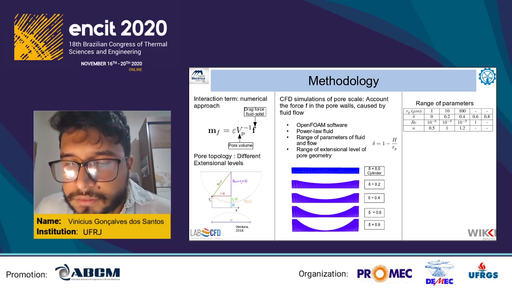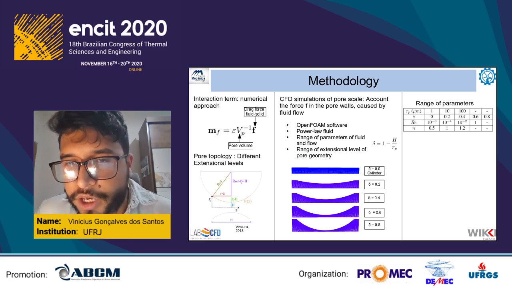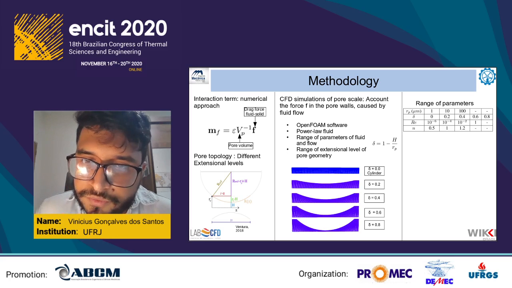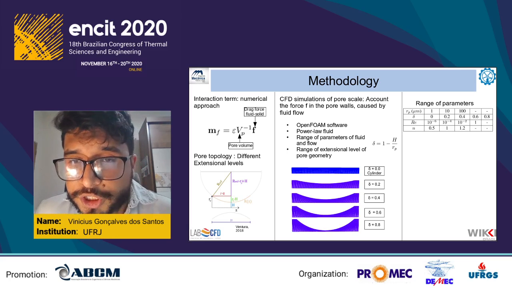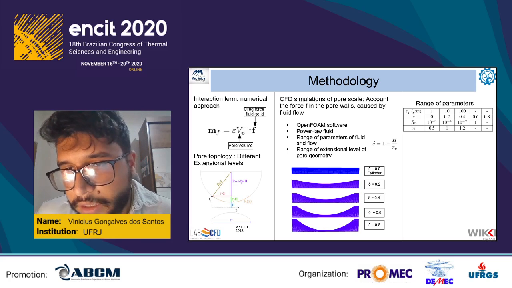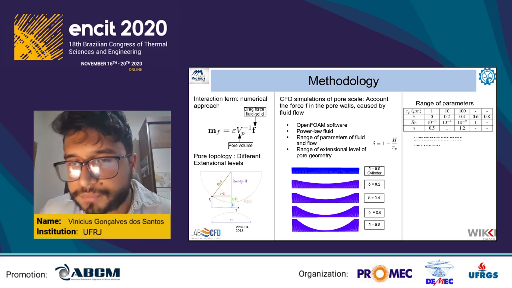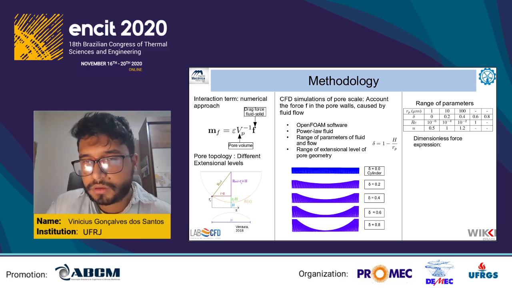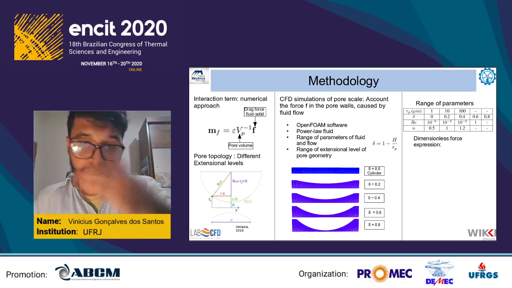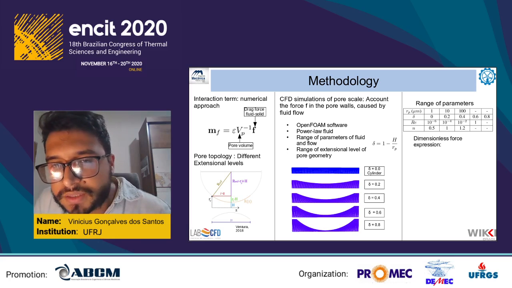When n, the power-law index, is 1, we have the Newtonian behavior, when it is 0.5, we have a shear thinning behavior, and when n equals 1.2, we have a shear thickening behavior. The objective of this group of simulations is to obtain the force on the walls of the pore caused by the flow of the fluid.